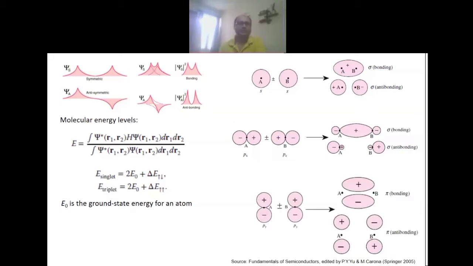Okay. Whenever you are talking about a solid, you are not talking about a single atom. You are talking about an atomic distribution. That means you are dealing with a many body problem, where a certain number of atoms are involved in making the structure, whether it is low dimensional or bulk.